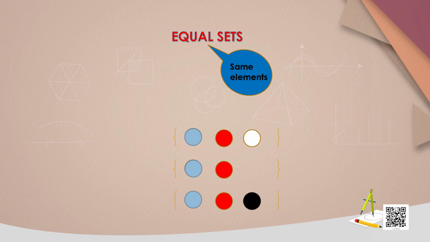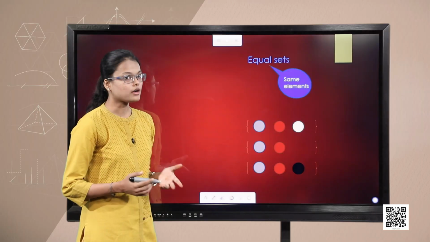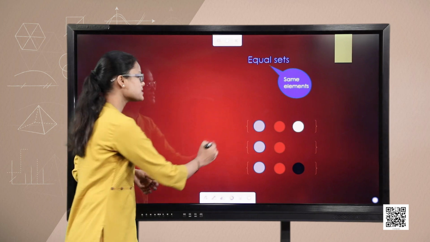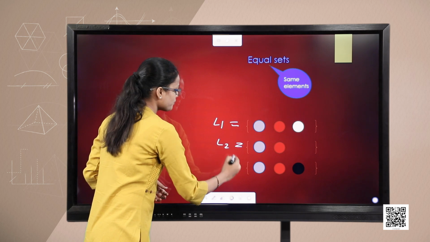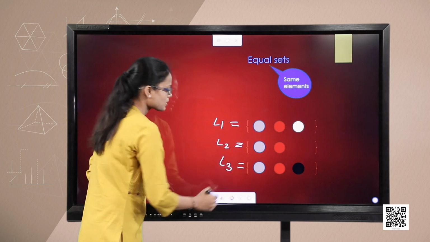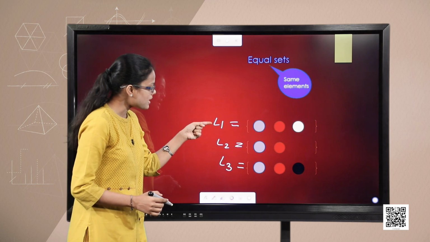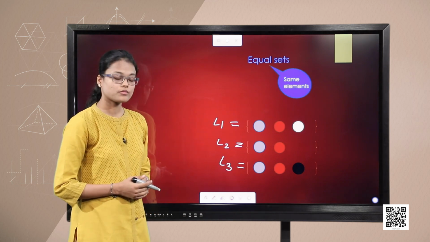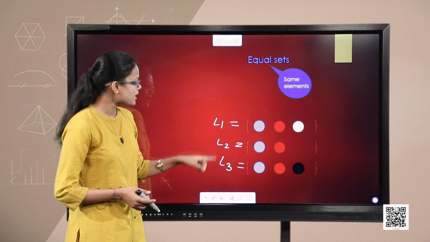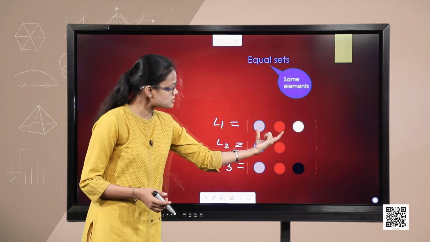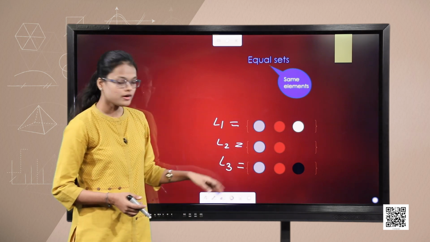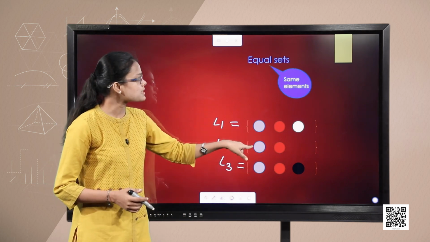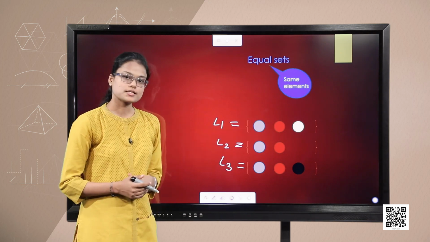Let us take these examples and see whether these three sets are equal or not. First, let us name them L1, L2 and L3. Can I say that the set L1 is equal to L2? No, it is not, as L1 contains 3 elements and L2 contains 2 elements. Here the elements are represented by colored balls.